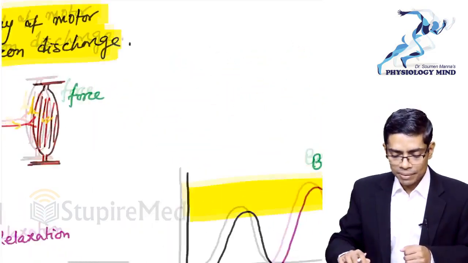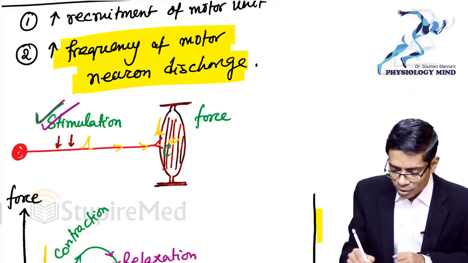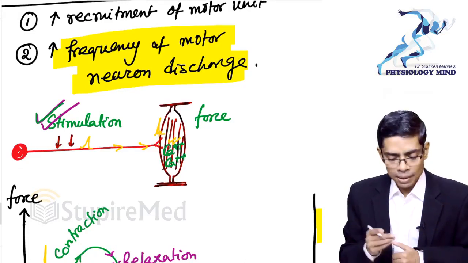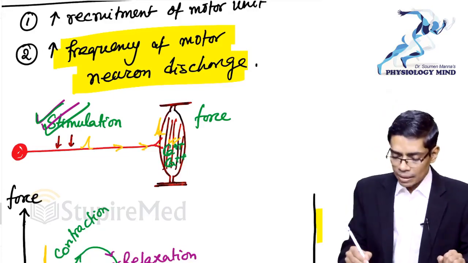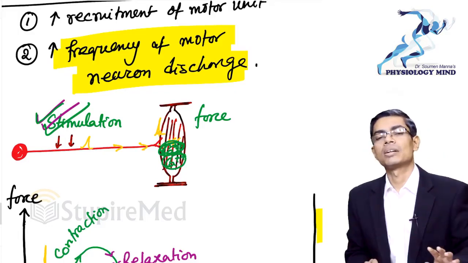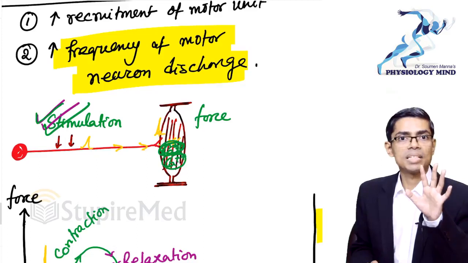Whenever you give a first stimulation, some amount of calcium is released inside the muscle at the molecular level, and that's why the contraction is going on. Then if you give a second stimulus in quick succession, the calcium which was already released in the first contraction will not be able to move back up into the sarcoplasmic reticulum.